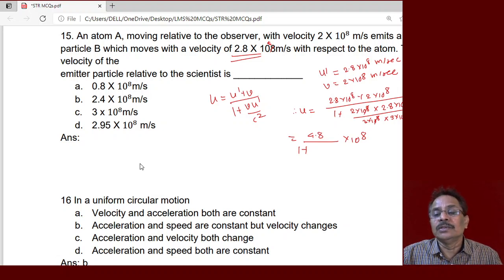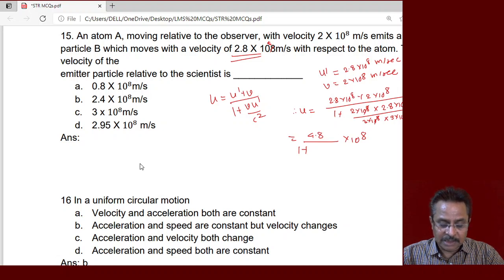I can go for divide by this calculation. So 5.6 upon 9, let me calculate it using the calculator.